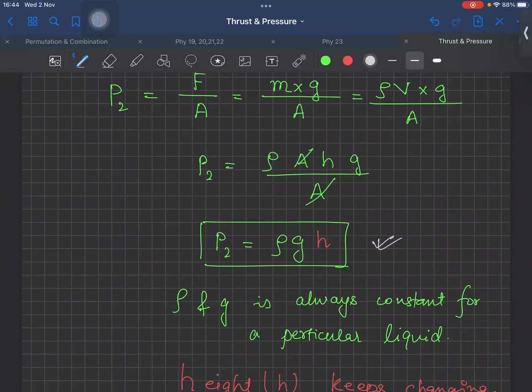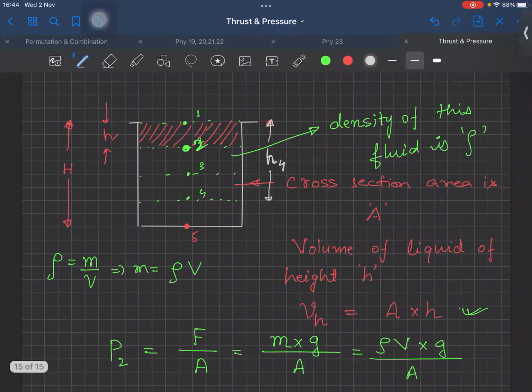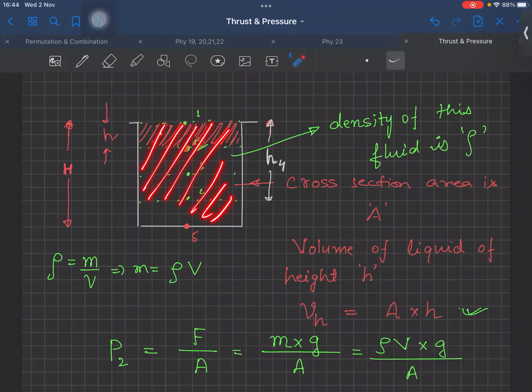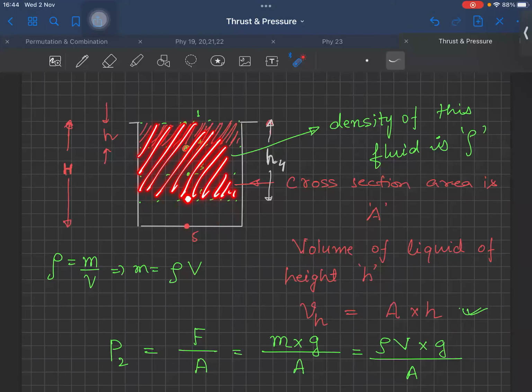Not the height of the container, but the height of the filled liquid. So at this point 2, only this much height of water is acting, right? If you are calculating for capital H, the whole water is acting at point 5. If you calculate for point 4, only this much water is acting. If you calculate at point 3, only this much liquid will be acting, right?